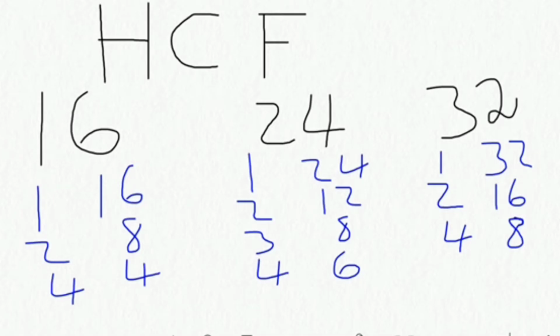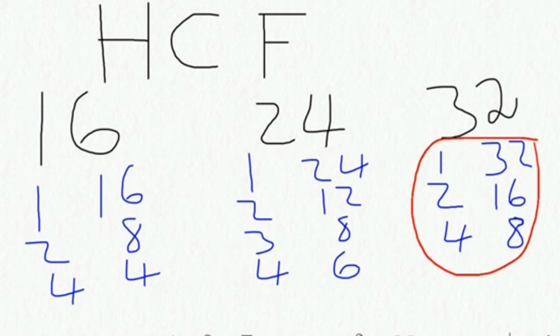Before we move to letter C, all the factors of 16, 24, and 32 have been written. You can see these are all the factors of 16, all the factors of 24, all the factors of 32.